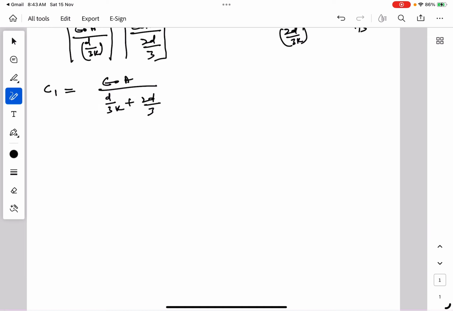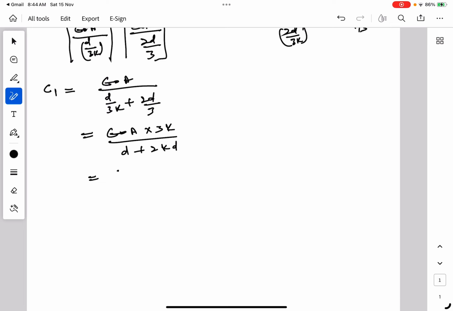Let us solve it. Epsilon naught A into 3K upon D plus 2KD. Let us put the value of K equal to 4.